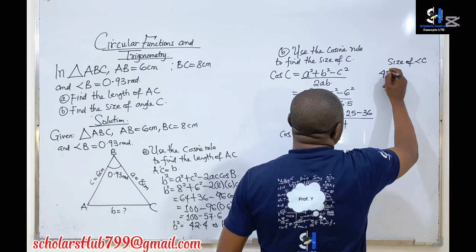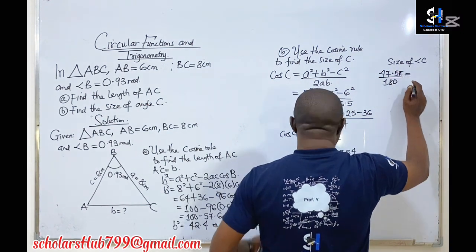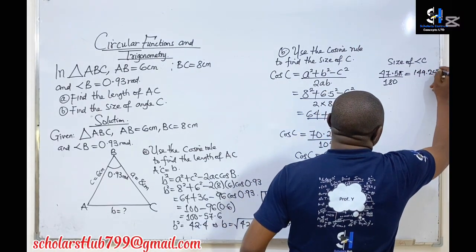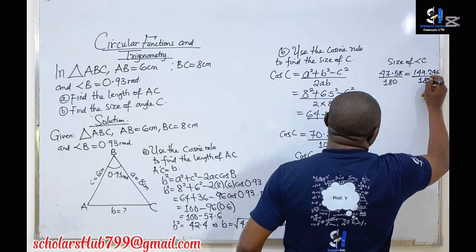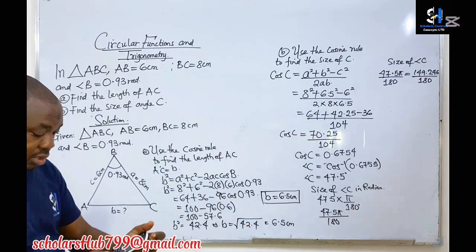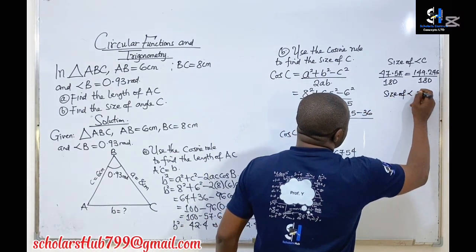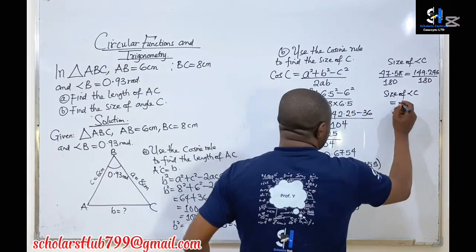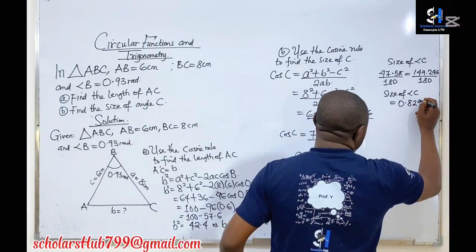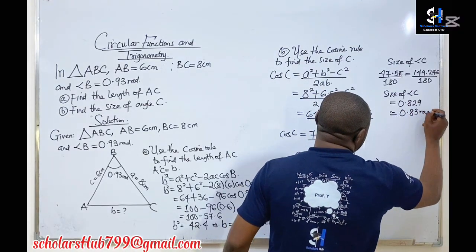So we have 47.5 pi over 180. That will be 149.245 divided by 180. When we divide this by 180, the size of angle C will be equal to 0.829, approximately 0.83 rad.